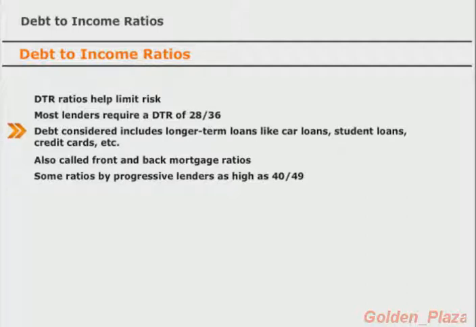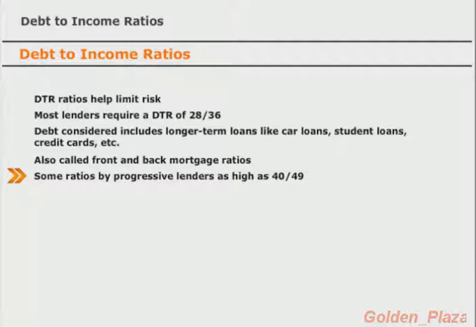The debt they consider for the second number includes longer-term loans like car loans, student loans, credit cards, etc. These ratios are also referred to as front and back mortgage ratios. Front to describe the first ratio and back or second to describe the second ratio, and can be expressed numerically as 28/36.